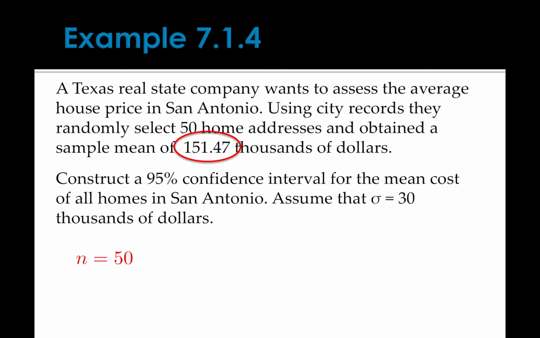So that makes it easy to decide that that's an x bar value. All right, and again, down at the bottom, they were really nice, and they even used the symbol for you, sigma equals 30. So you know that that's a population standard deviation. All right, and they want this to be a 95% confidence interval, so we'll keep that in mind when we're choosing our z value.